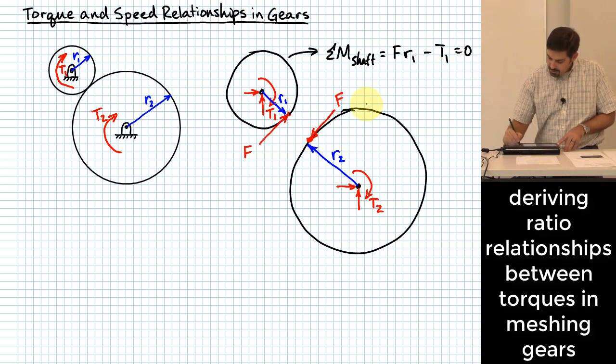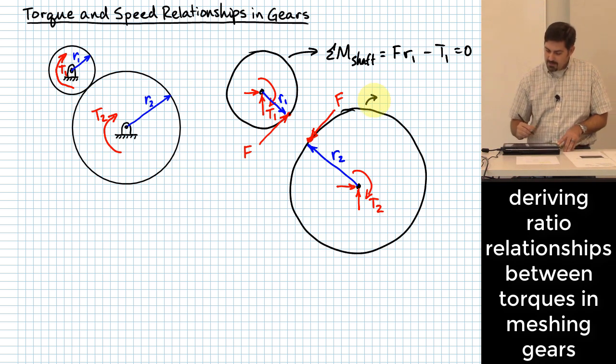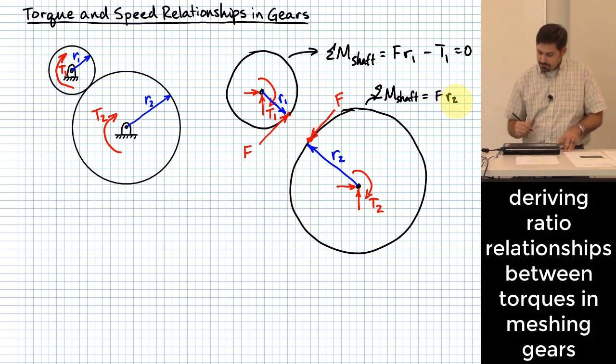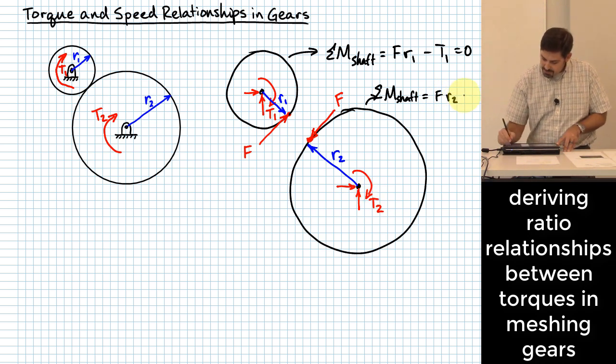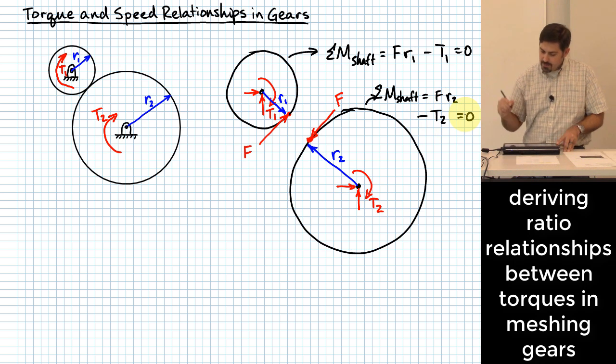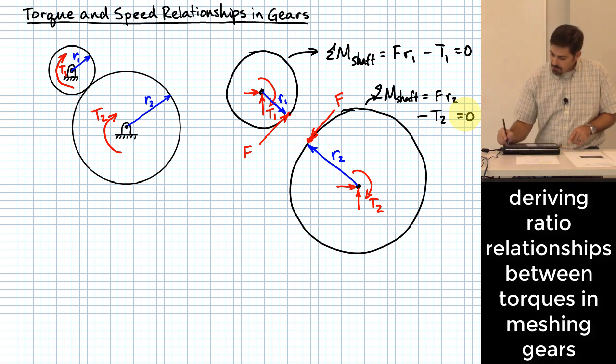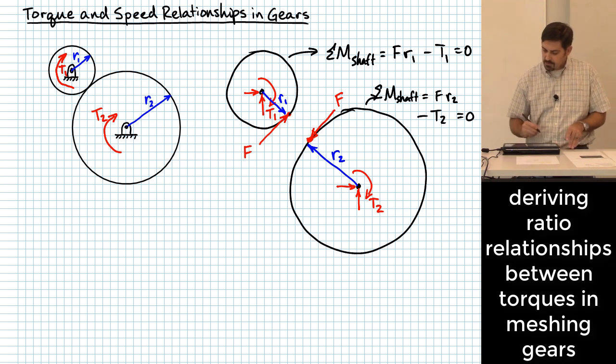With this body here, could you do the same thing? Okay, summation of moments around the shaft of that second piece. And for that one, we would have a counterclockwise moment of F R2 and a clockwise moment of T2, and that would be equal to 0. Between these two equations, are there any common factors?